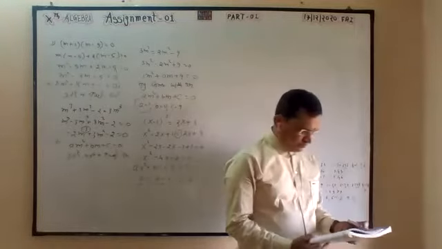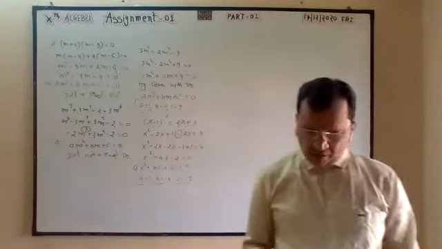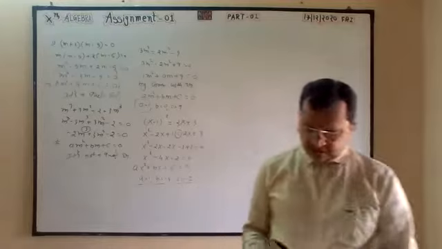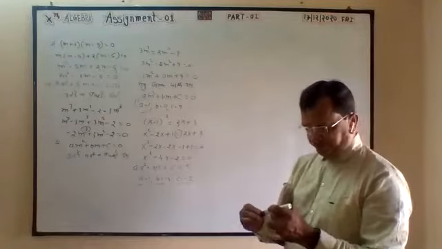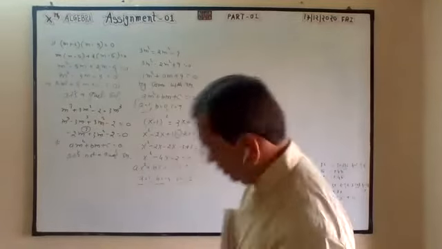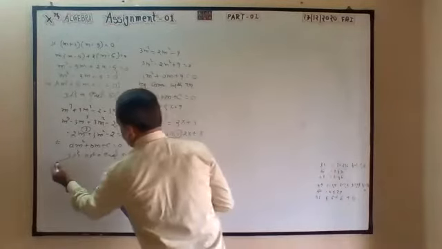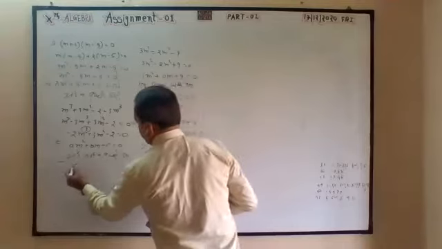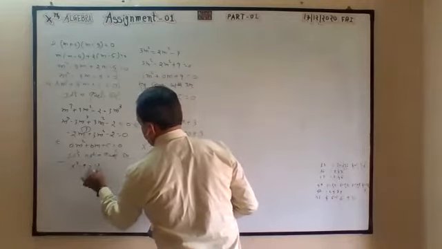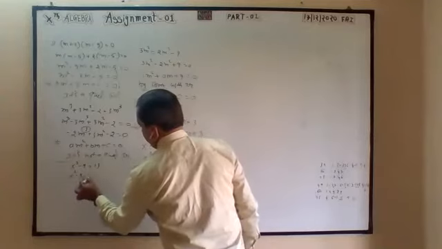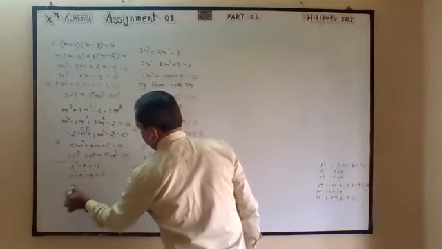Then 6 also. This I can write here. So x square minus 9 is equal to 30. x square minus 9 minus 30 is equal to 0.